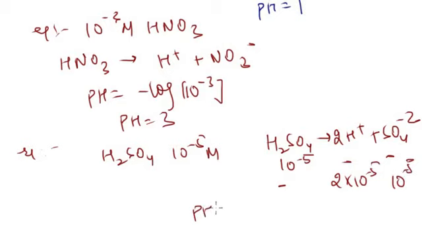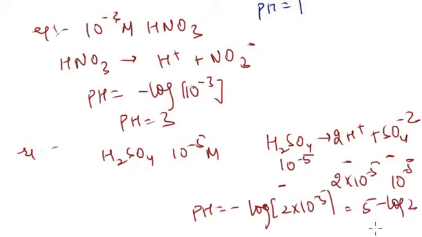So pH will be minus log of 2 into 10 to the power minus 5. That means the pH turns out to be 5 minus log 2, that is 4.7. So remember, this is how we calculate these types of pH.